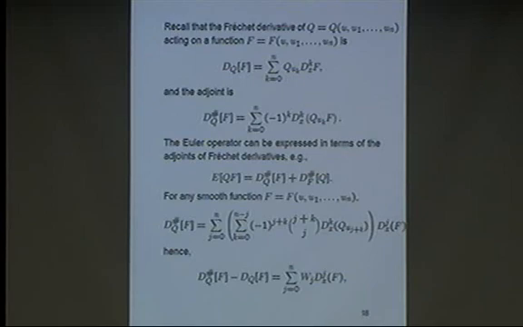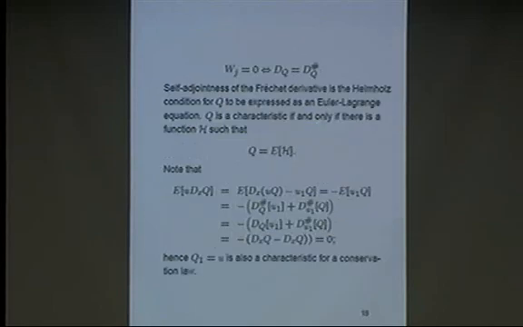In order for that Q to be a conservation law characteristic, it has to produce a self-adjoint Fréchet derivative. This is what I'm saying. There must be a much more elegant way of getting this, but at the moment I don't have it. But once you see that, you say, okay, we've got the Helmholtz conditions. Right?